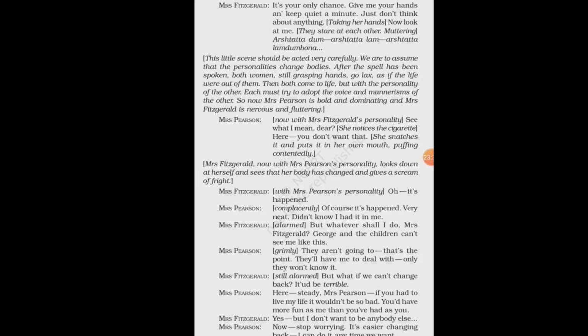So we have to assume that personalities change the body. So Mrs. Fitzgerald's personality will move into Mrs. Person's body, and Mrs. Person's personality will move into Mrs. Fitzgerald's body. So now Mrs. Person is strong and dominating, whereas Mrs. Fitzgerald is nervous and fluttering.